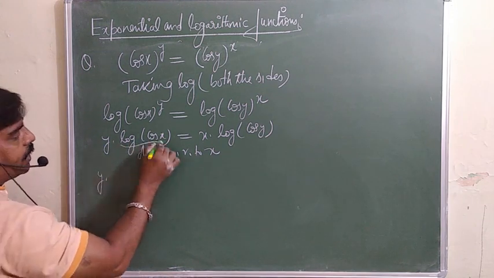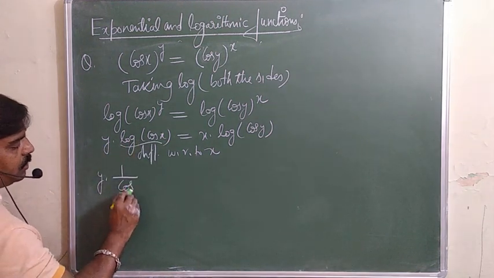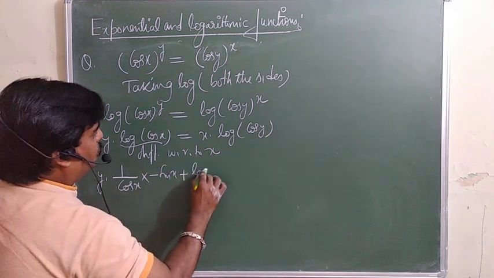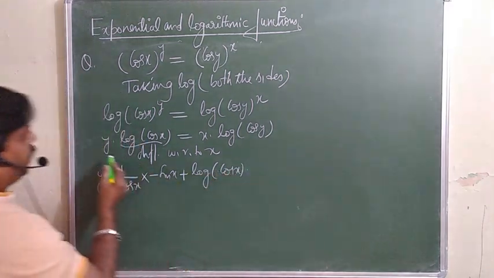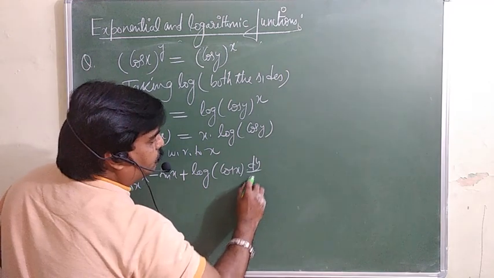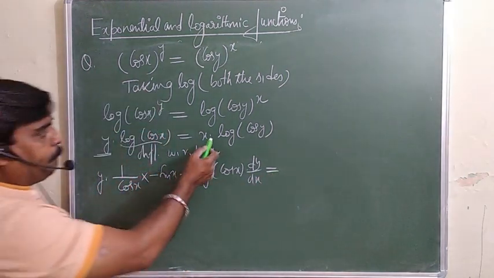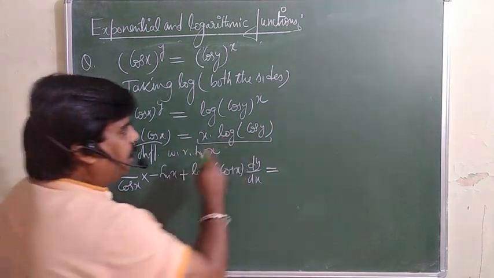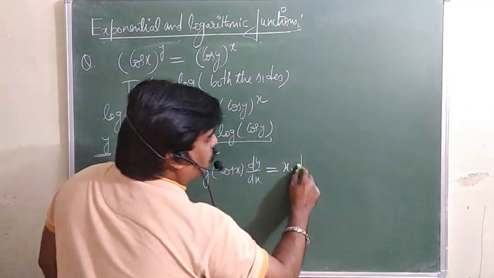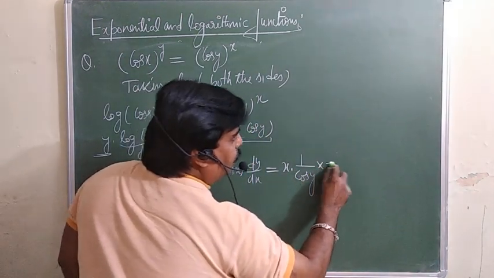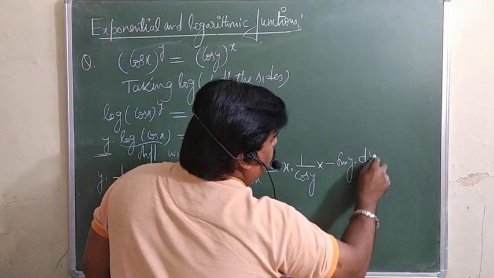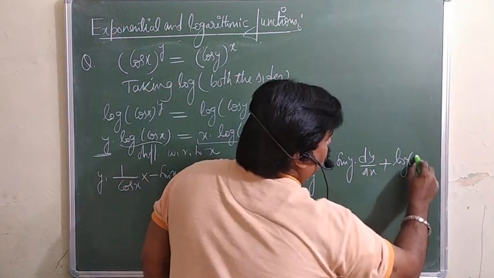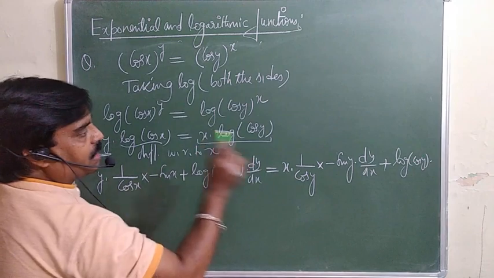First into derivative of this one, directly I am doing log x का 1 over cos x, and derivative of cos x is again by chain rule minus sin x, plus log cos x into derivative of y, dy over dx, with respect to x is equal to, look at here now, here we will apply the product rule again, first and derivative of second, x times derivative of log cos y, like 1 over cos y, then cos y का minus sin y, then dy over dx, plus log cos y into derivative of x is 1.